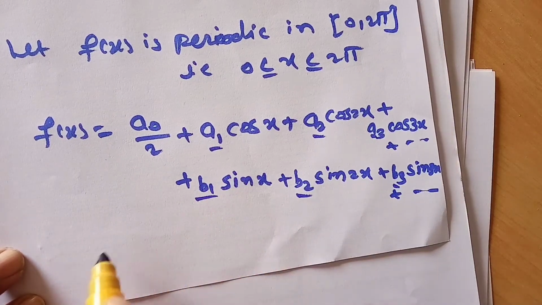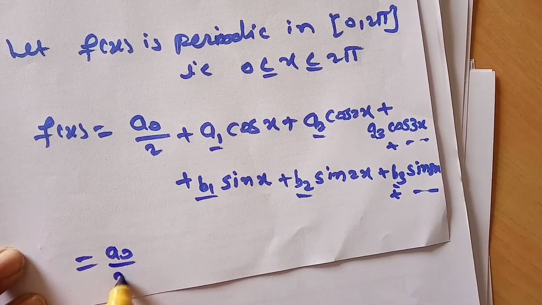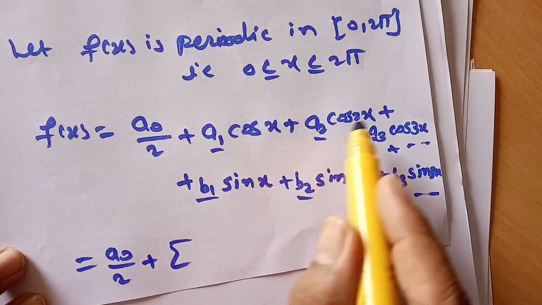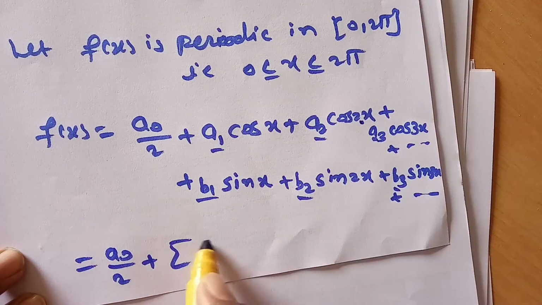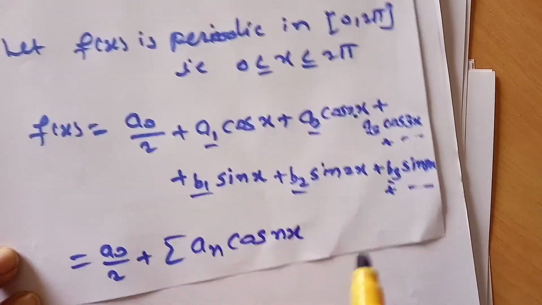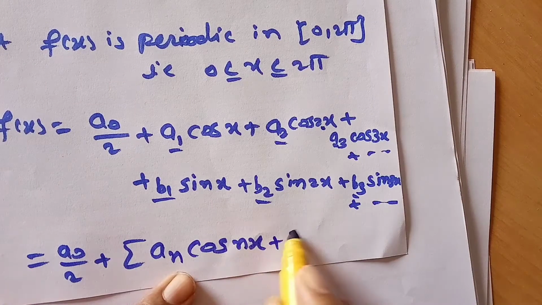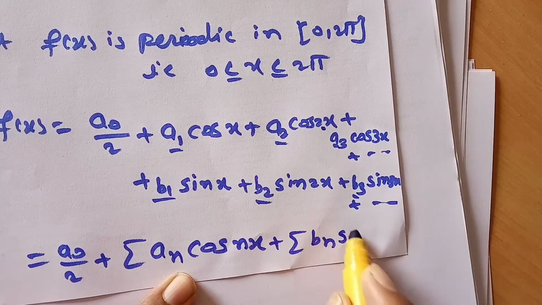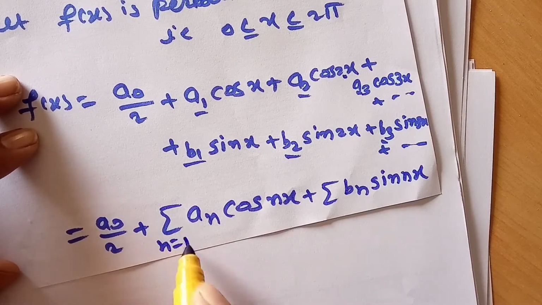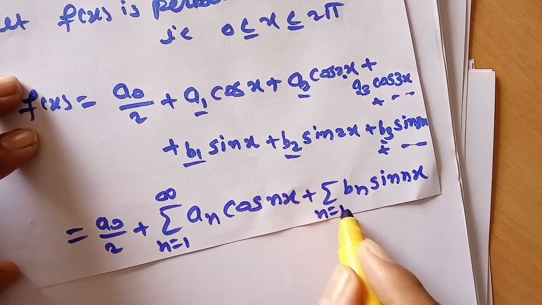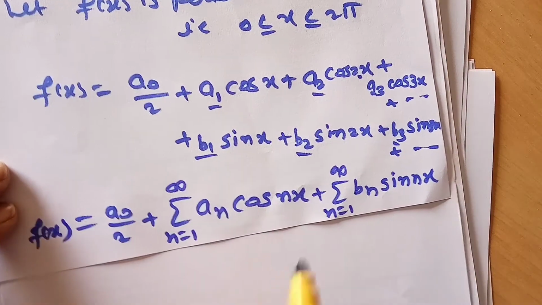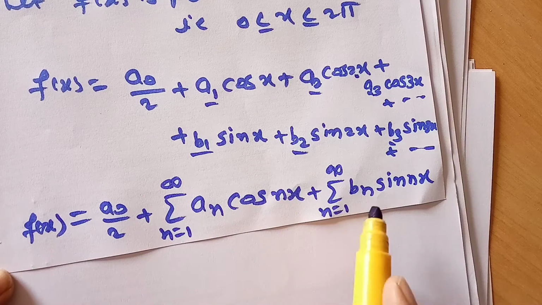I will write this symbolically as a summation: an into cos of nx plus bn into sin of nx, and n varying from 1 to infinity. So I express my function as a combination of sine and cosine terms.